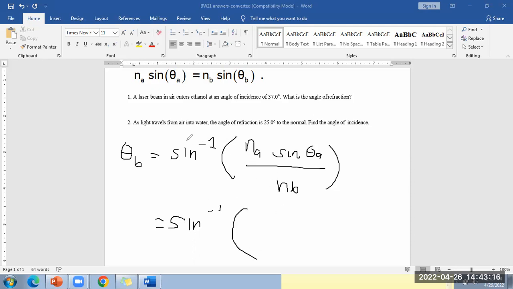Sabihin natin A natin is yung air, air is 1, 1 sine 25.0 degree, over yung water, 1.33. So ilan yung sagot?